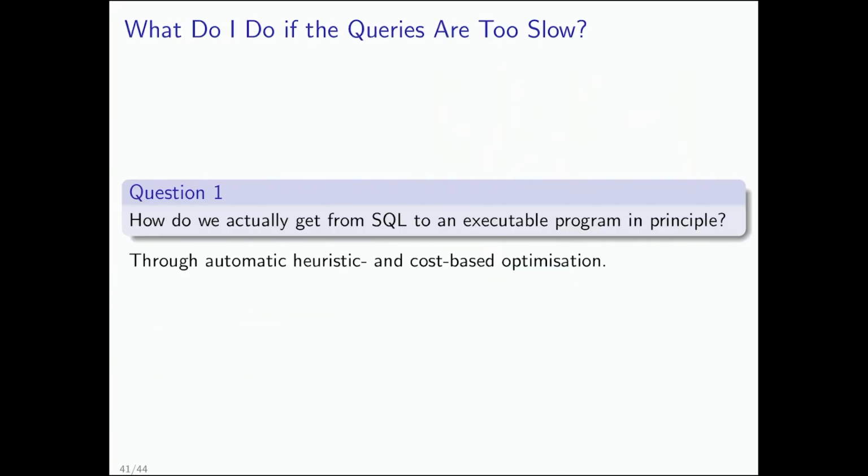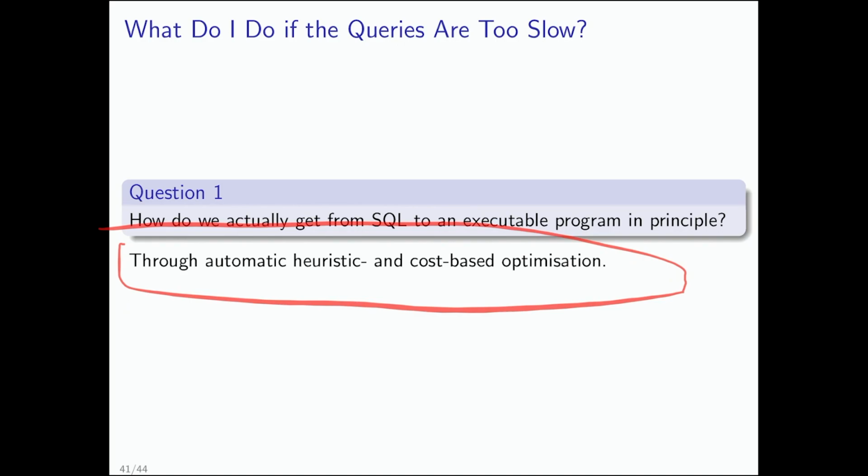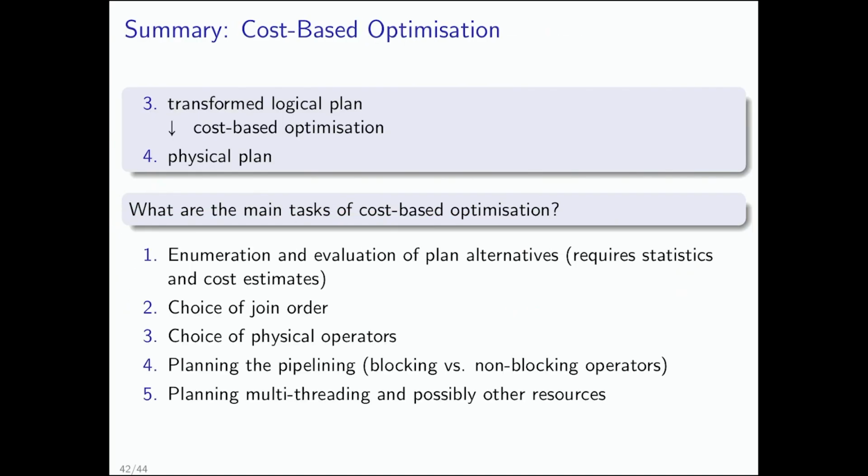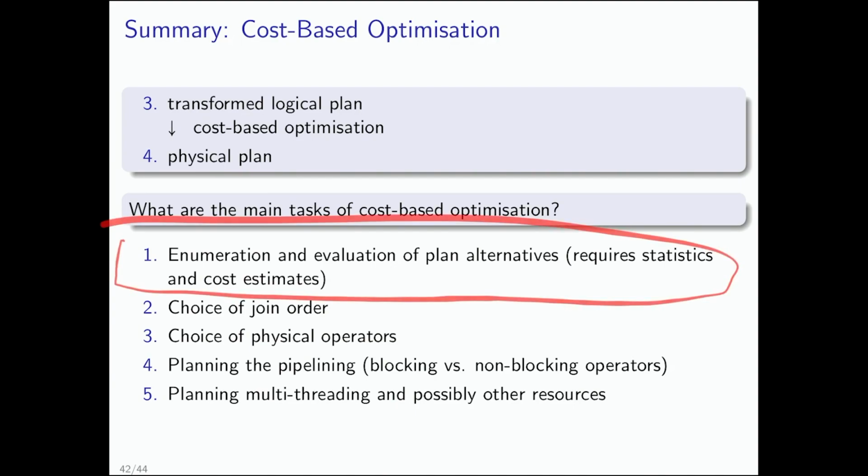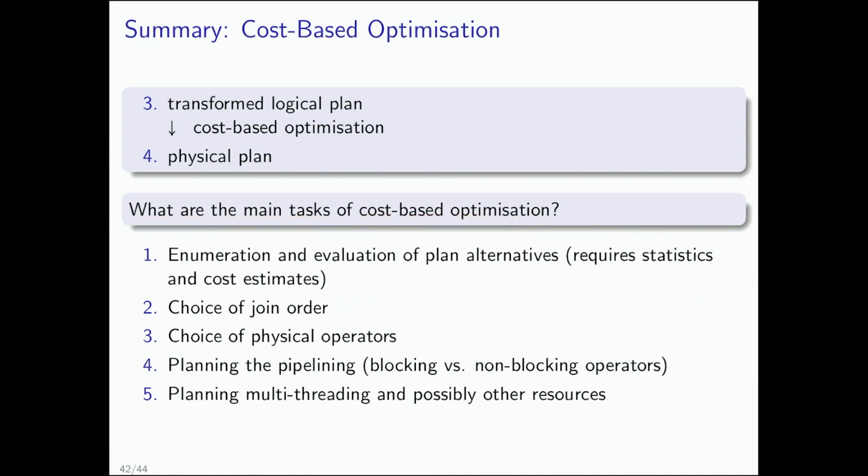Okay, to wrap up: what do I do if the queries are too slow? How do we get from SQL to an executable program, in principle through automatic, heuristic, and cost-based optimization? What are the tasks of cost-based optimization? That's what we focused on this week, in contrast to last week. The tasks are enumerating plan alternatives, for which you require statistics and cost estimates, otherwise it's not going to work.